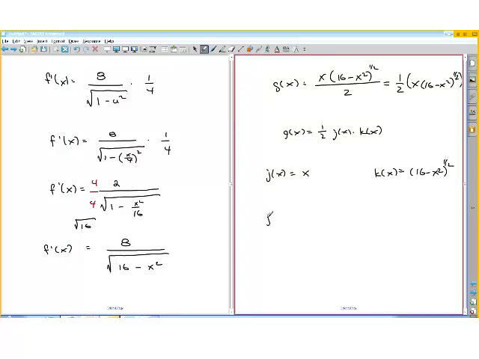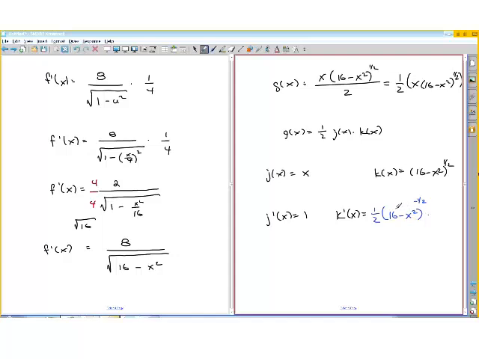This one's easy. j prime of x is equal to 1. k prime of x is a little more difficult. I have to use the chain rule here, but we're going to do it in our head instead of writing it all out because it just takes too long. Hopefully you're getting to the point where you can do this. You take the exponent, 1/2, multiply by the same expression, and reduce the exponent by 1, so 1/2 minus 1 is negative 1/2.